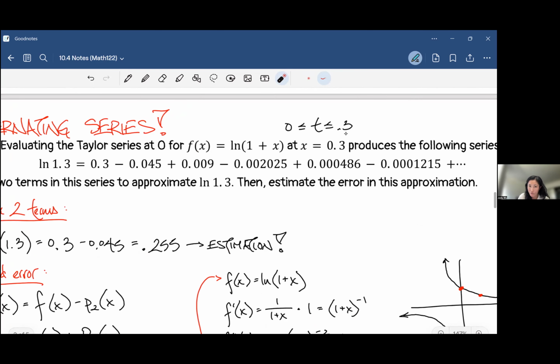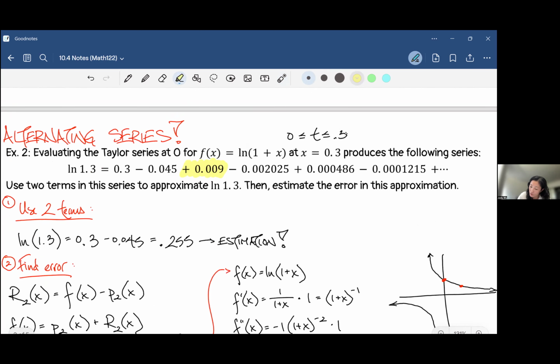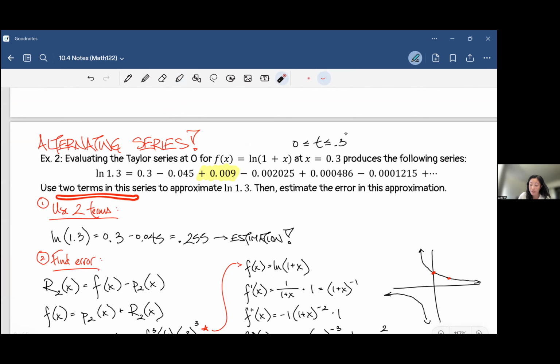The first term is 0.3, the second term is negative 0.045, and the third term is the number that we got. So I'm going to highlight this third term right here. If I'm using two terms to approximate in an alternating series, then the error is just going to be the next term, or the third term.